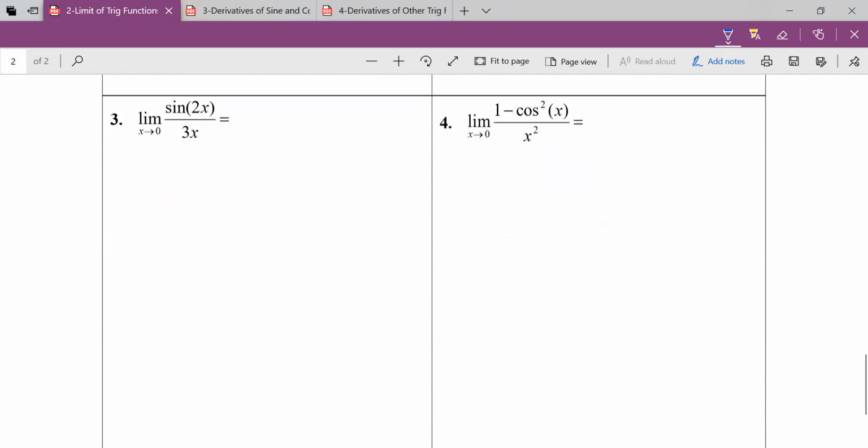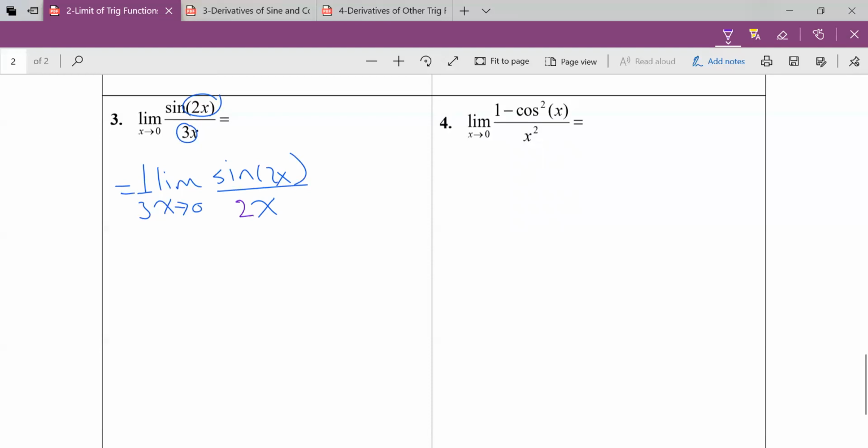On the next one, I see this 2x. So that tells me I need a 2 down in the denominator. There's more than one way to do this, but I'm going to say really divided by 3, that's 1/3. So I'm going to factor out that 3, like that. Now I need a 2 down here.